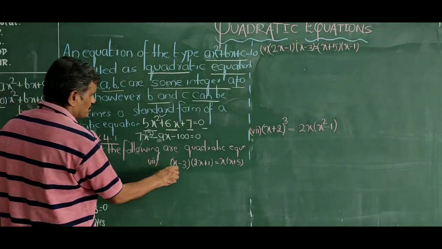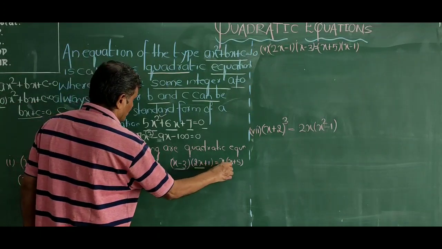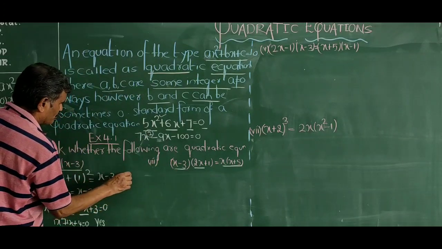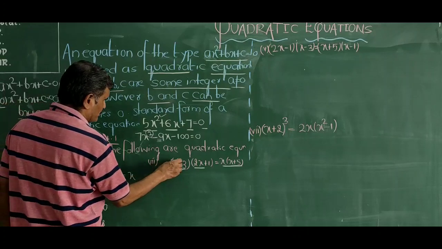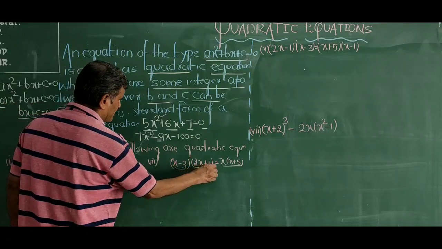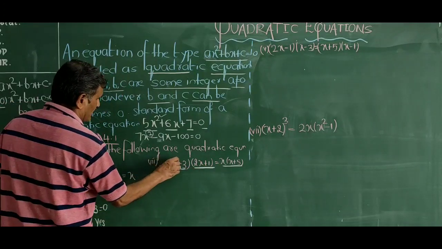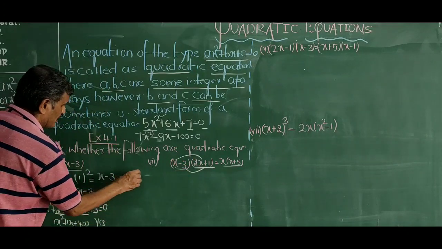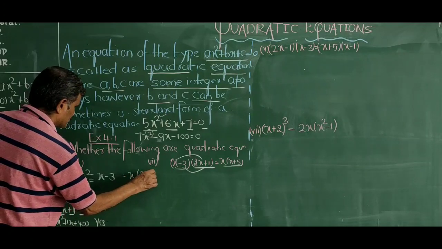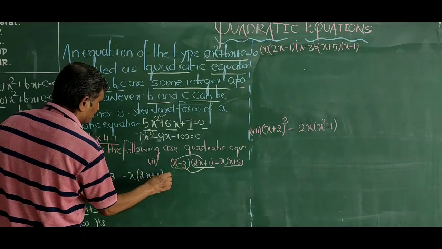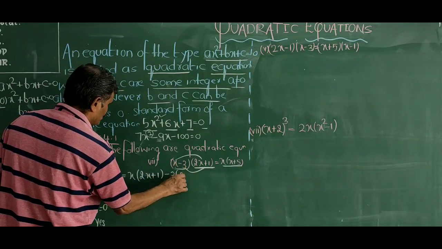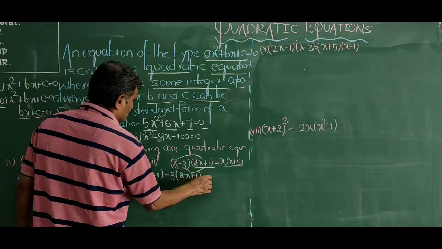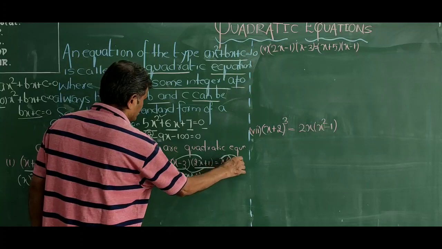Now, let us check whether this equation is quadratic or not. How to solve this equation? Here, I will have to take the first term of the first bracket multiplied by the second bracket. That means x into this bracket and minus 3 into this bracket. That means x into 2x plus 1 and minus 3 into 2x plus 1 is equal to, this is very simple, x into x and x into 5.